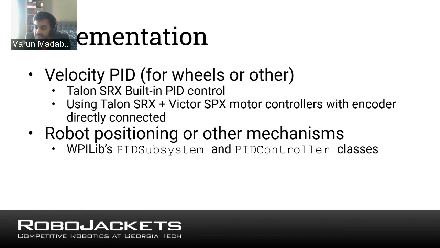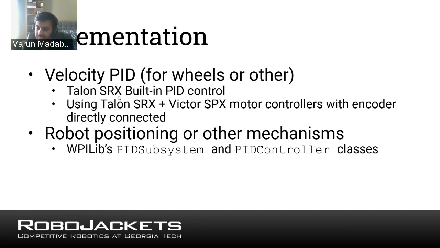However, if you want to use PID to control the speed of a wheel, for example, the speed of your shooter wheel or the speed of your drivetrain, it's best to use the PID that's built into the Talon motor controllers. The reason being that the PID loops run a lot faster on the motor controllers than they do on the RoboRIO.